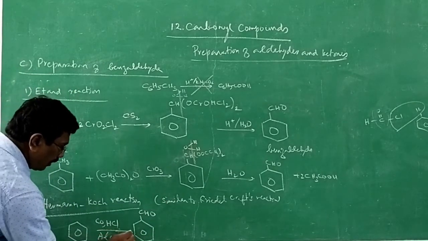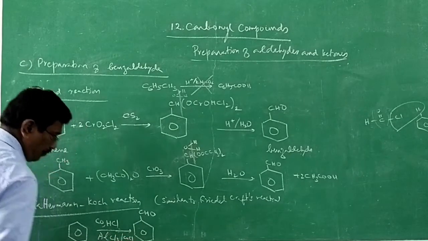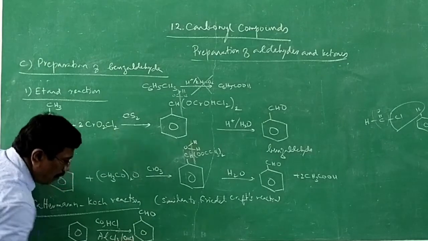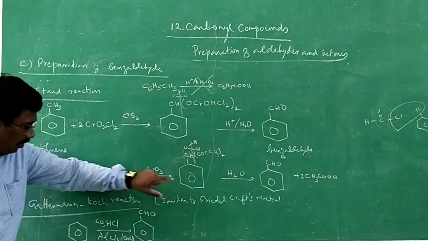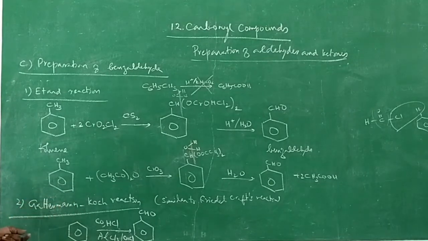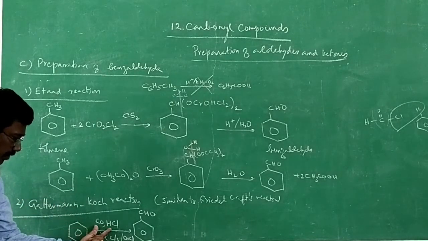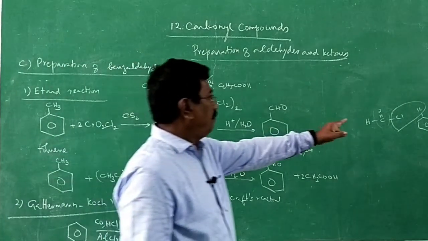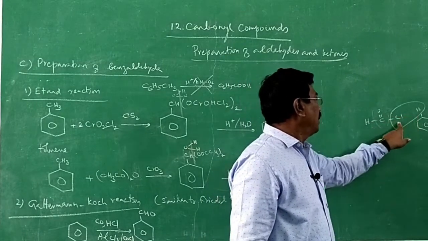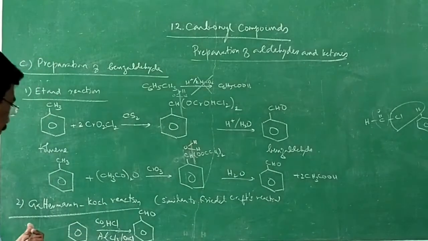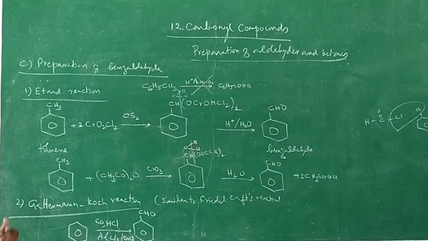We also use cuprous chloride, CuCl. So Friedel-Crafts reaction involves acetylation, benzylation, methylation, ethylation. Likewise, here formylation, formyl group is added. When HCl goes off, HCO is added, that results in the formation of benzaldehyde. Alright? So that is about Gattermann-Koch reaction.